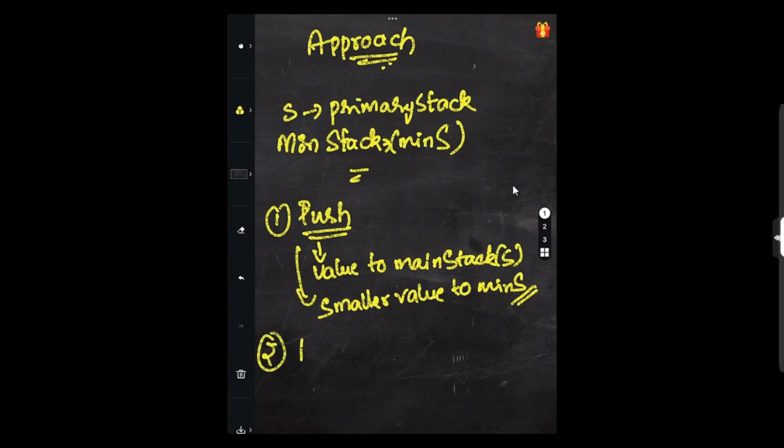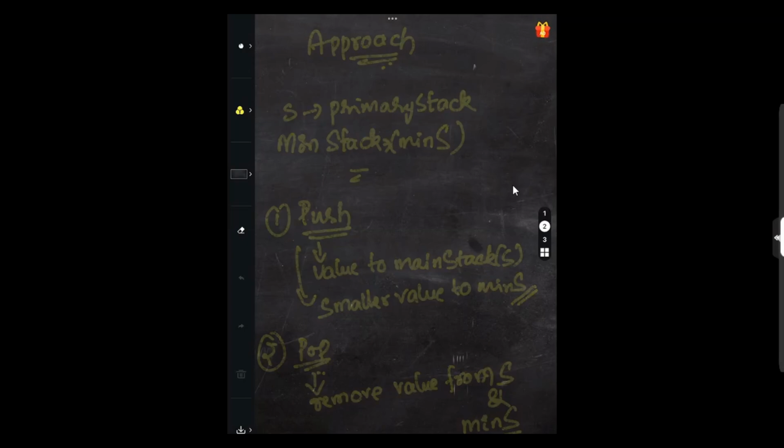So next thing is the pop operation. Here we are removing the top element from both the main stack and the minimum stack. So remove the value from the main stack, nothing but S, and the min stack, nothing but min S, right?